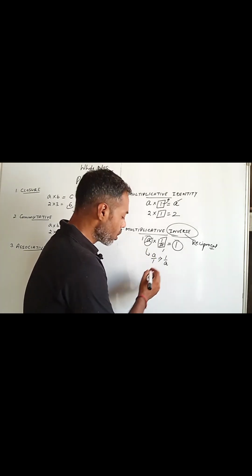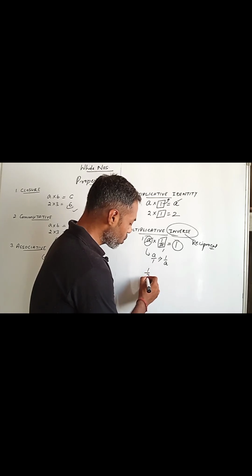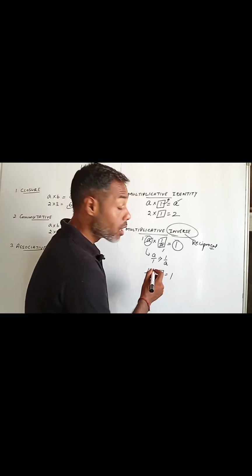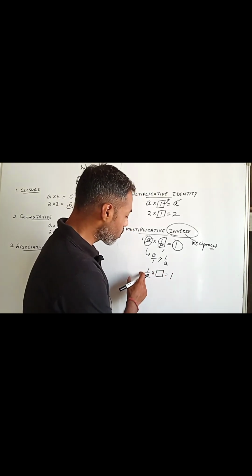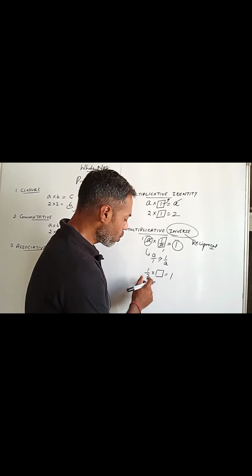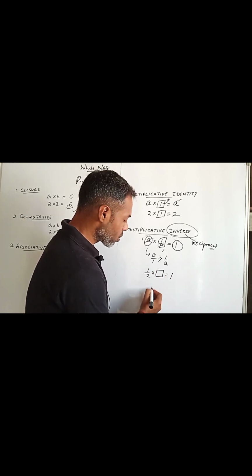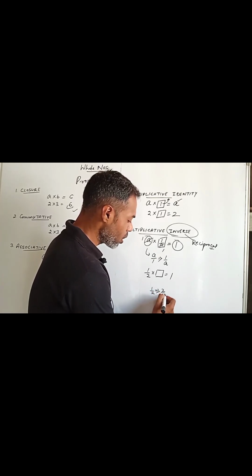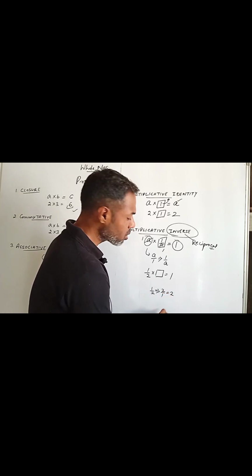Suppose they give us 1 upon 2 and ask what number we should multiply with 1 upon 2 so that we get 1. We take the reciprocal of this. The reciprocal of 1 upon 2 is 2 upon 1, and we can write 2 upon 1 as 2.